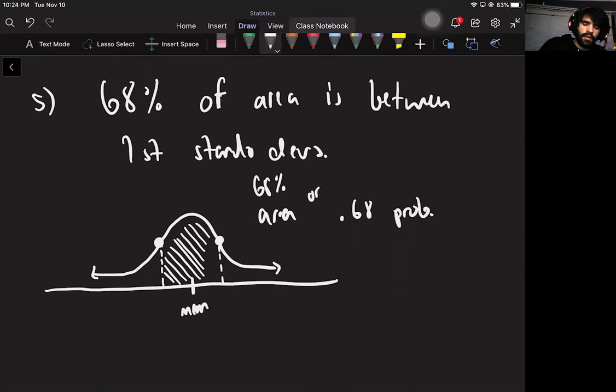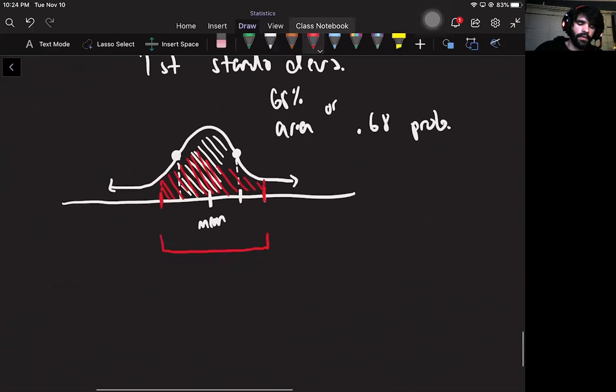And that's the idea. But then if I go to 2 standard deviations now, so this is the mean, and then this is +1 standard deviation. If I go another standard deviation over to 2 standard deviations on either side, then that total area from the second standard deviations on either side, that area will be 95%.